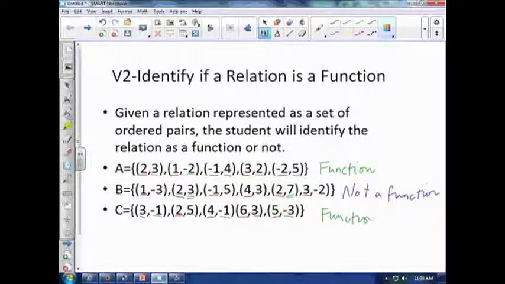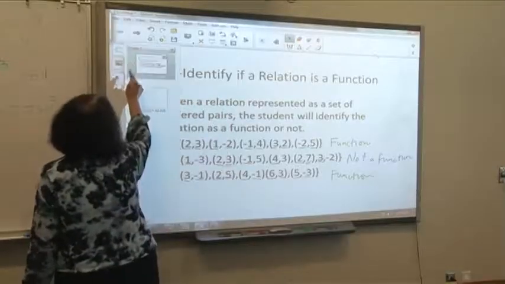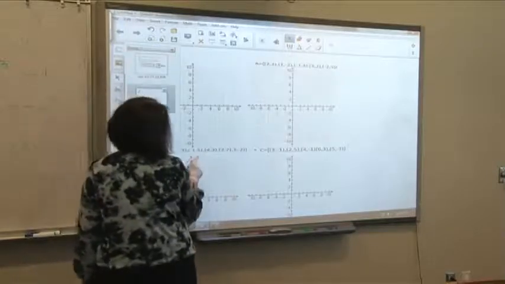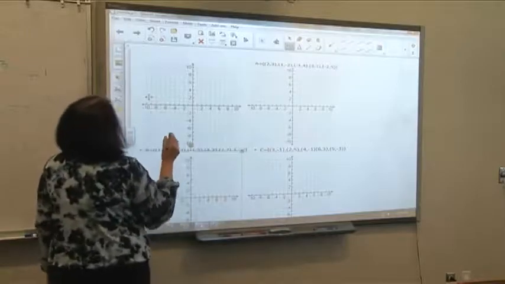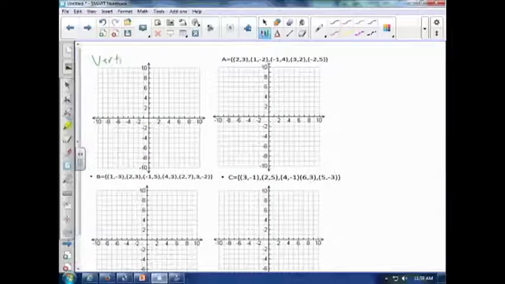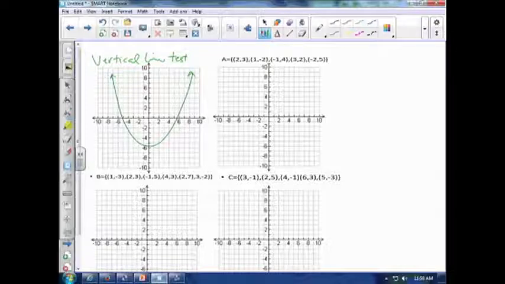Let's look at graphing those ordered pairs, just another way to tell by using the vertical line test. Remember, with the vertical line test, we can tell if a given graph is a function. So we have this graph right here, a parabola.